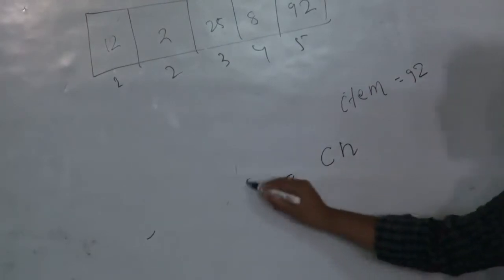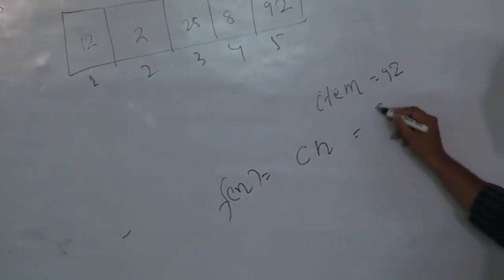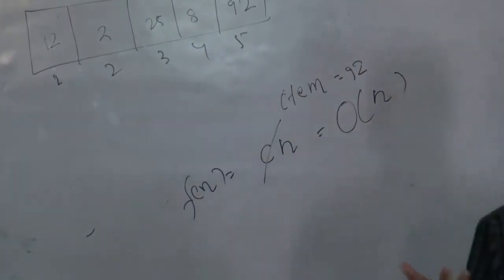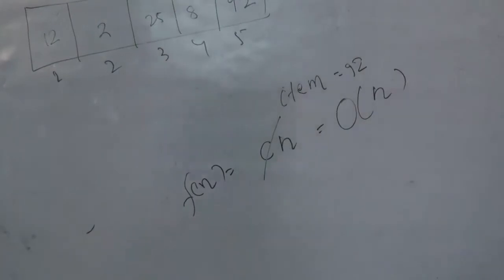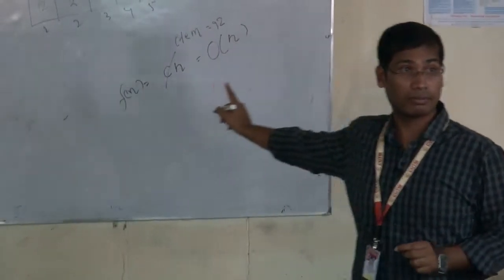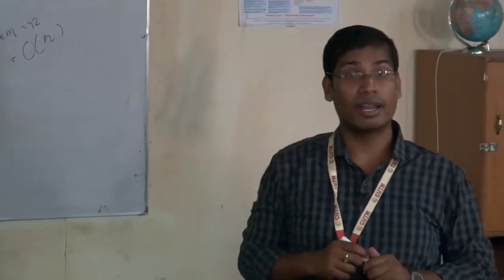So if the function is Cn, by ignoring the constant I can write this as order of n. So what is the time complexity for searching in an array, if the array is not sorted? Order of n.